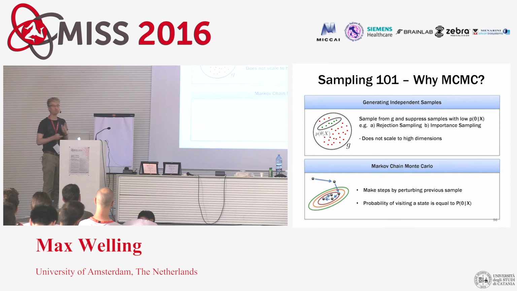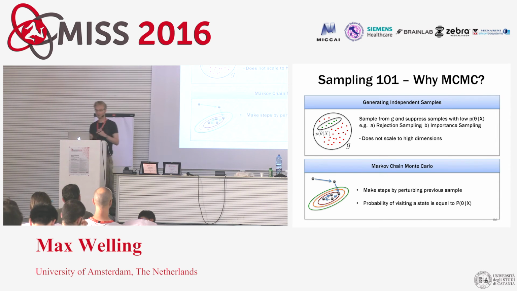Now, the solution to this is what's called Markov chain Monte Carlo, and that's really a very cunning algorithm. It's very beautiful in many ways. The idea is that you produce a sequence of samples, so the next sample is going to be highly correlated with the previous sample, say close to the previous sample.